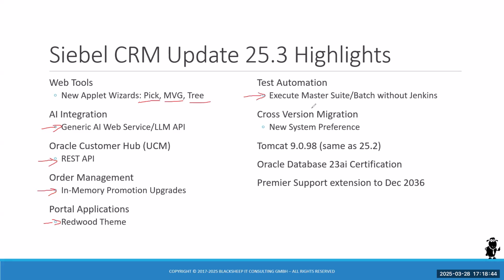And for people like me who like test automation a lot, this is a game changer. That is actually a documentation enhancement because it was working in older Siebel versions too. I don't know exactly when it started, but it's definitely working because I tried it immediately in 25.